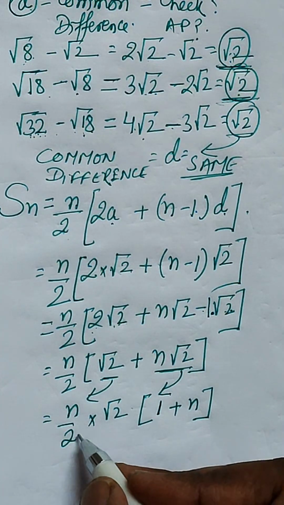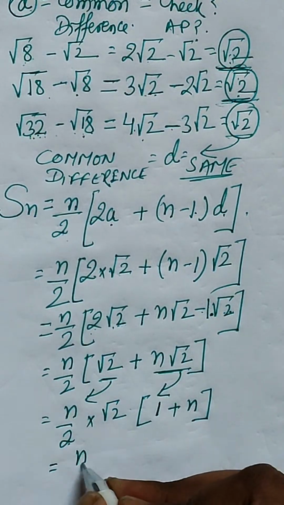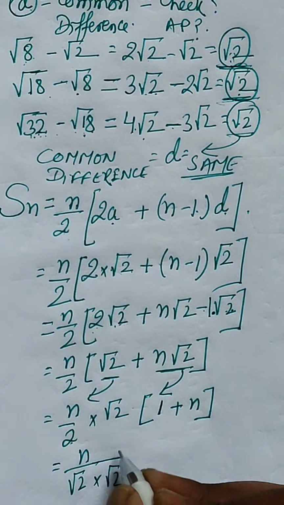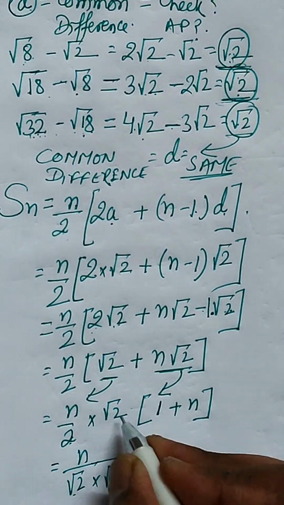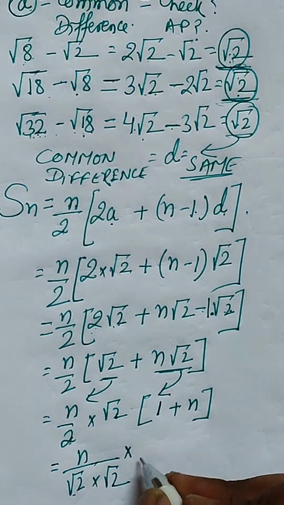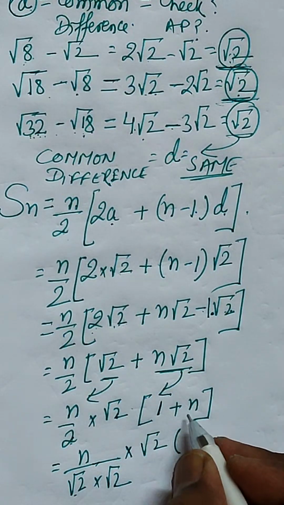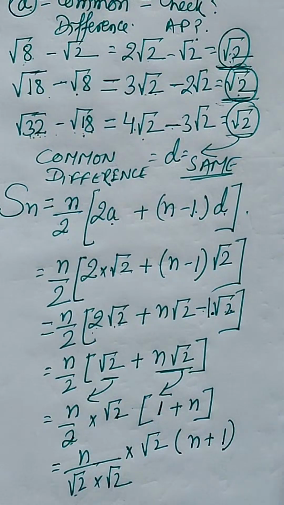These two can be written as n by root 2 into root 2, because 2 can be written as root 2 times root 2, and this root 2 is the one taken as common, and inside the bracket 1 plus n, which can be written as n plus 1, right?